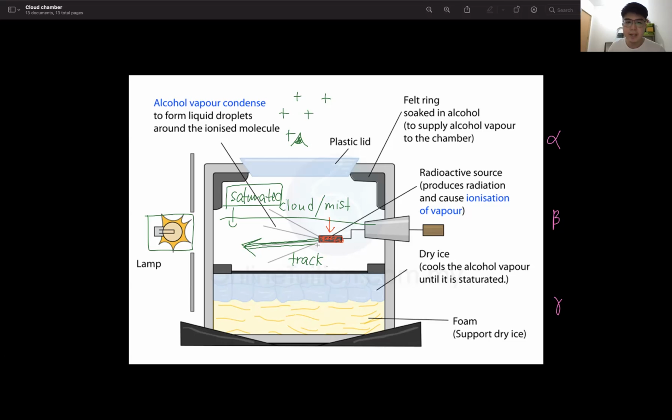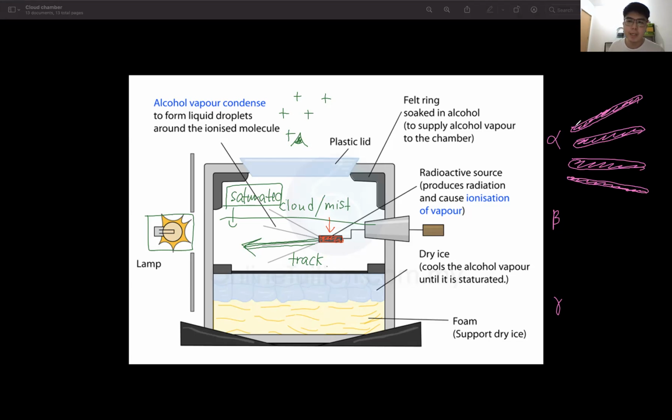So if the radioactive emission is alpha, then you will see the cloud is very thick, like this. Very thick cloud trails form in the cloud chamber.